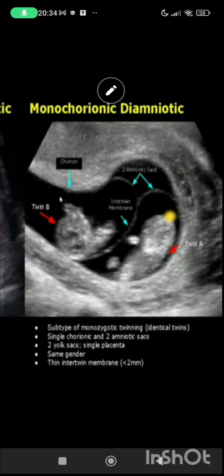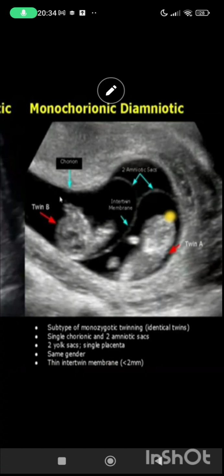In TTS, one twin gives too much blood to the other through a shared placenta. So the donor twin gives too much blood to the other. So there will be oligohydramnios in the donor twin, and the recipient twin, because it receives too much blood, will have polyhydramnios and becomes swollen with too much fluid.